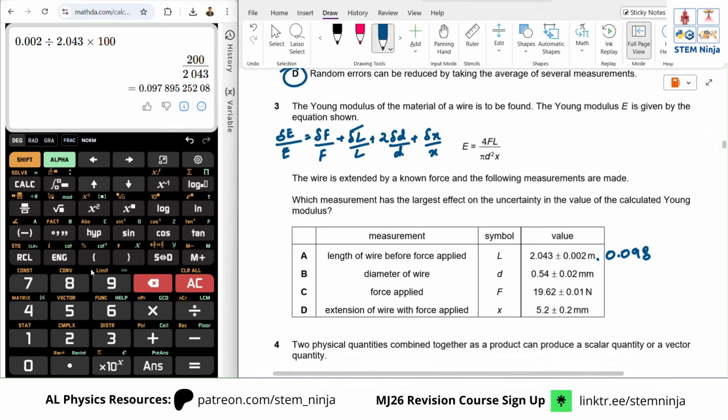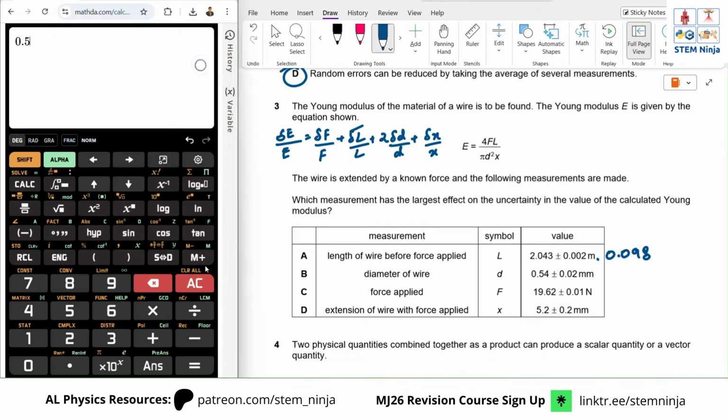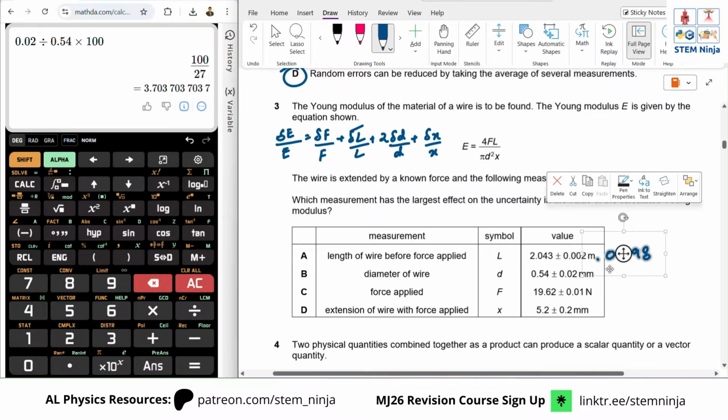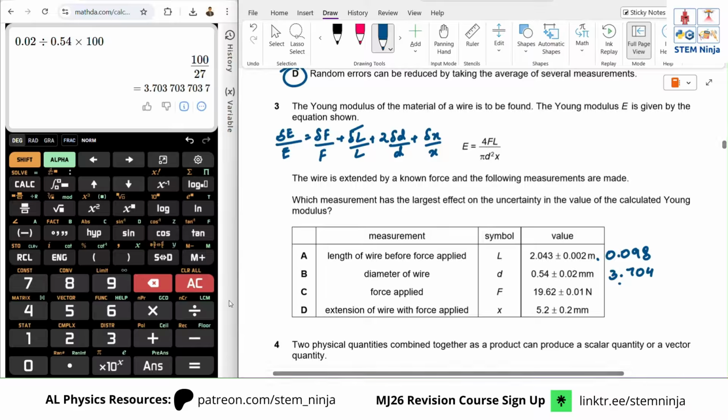Let's call it 0.098. Then you have 0.02 divided by 0.54, times by 100. So this is 3.704.